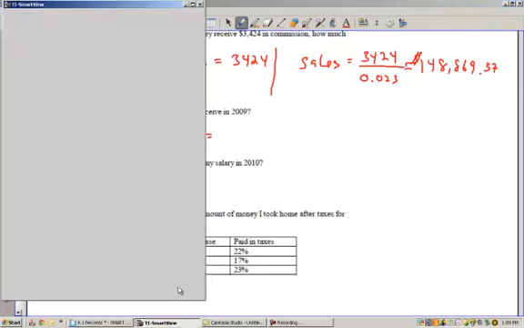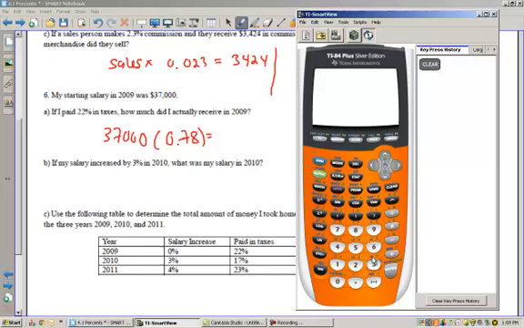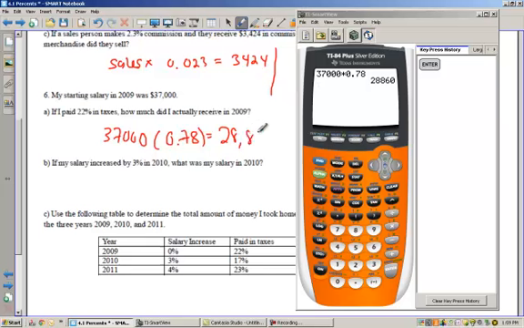And so I can take my calculator and take 37,000 and multiply by 0.78. And out pops my answer of what? Oh, there it is. $28,860.